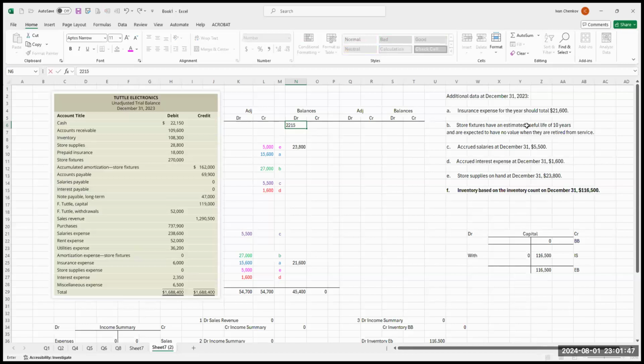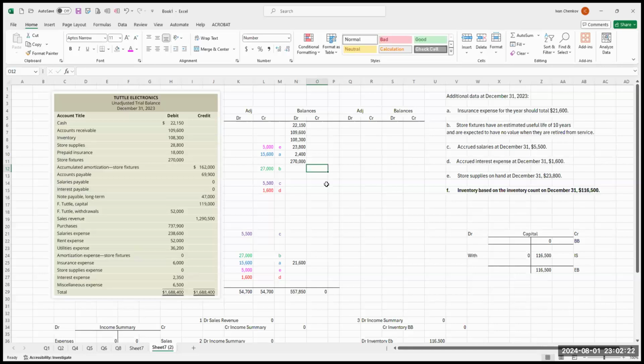Cash, 22,150. Accounts receivable, same, 109,600. Inventory, same, 108,300. Office store supplies, we already calculated. Prepaid insurance is going to go down from 18,000 minus 15,600. It's going to go down to 2,400. Store fixtures, no changes there.